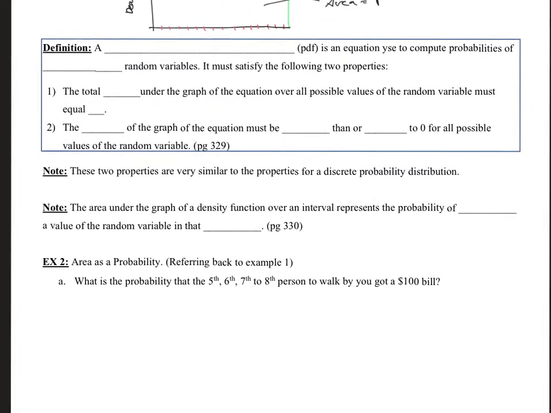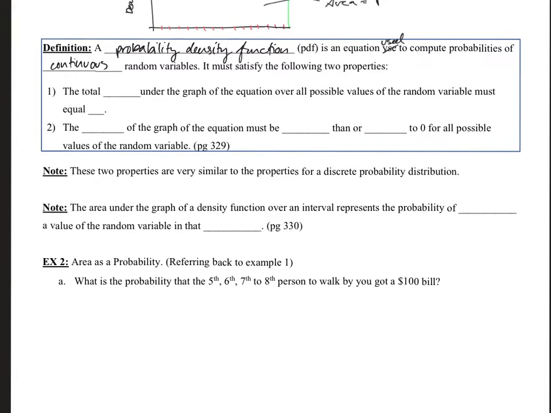All right, so for the definition. What is the definition? Well, a probability density function, or PDF, not the kind you turn in, is an equation used to compute probabilities of continuous random variables.